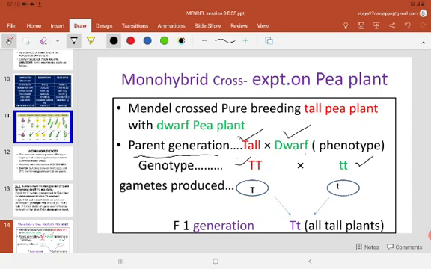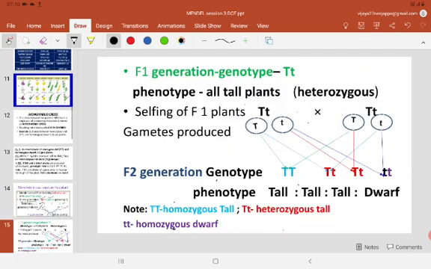So the tall plant produces a single type of gametes having capital T in it, and the dwarf plant produces gametes which have small t allele. Then when they fuse, when they undergo fertilization, it results in the production of F1 plants, and all the F1 plants will be tall with a genotype capital T and small t.